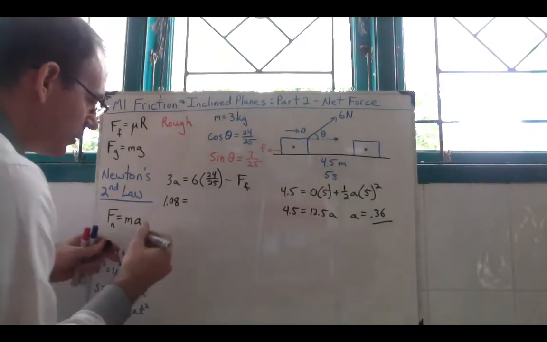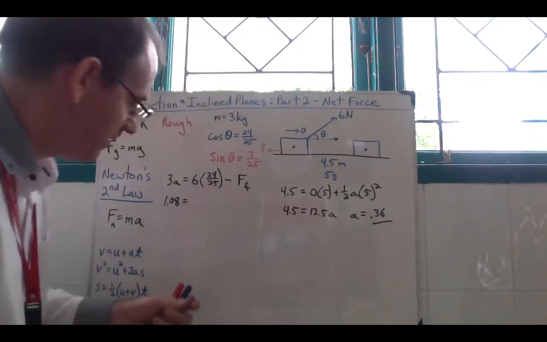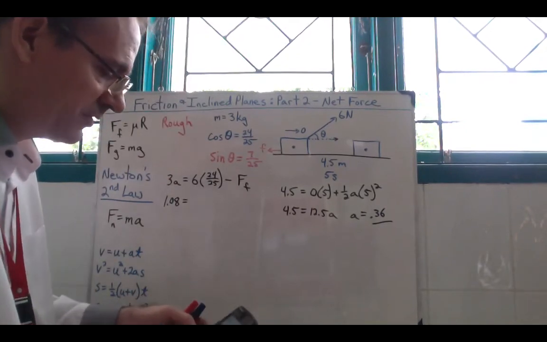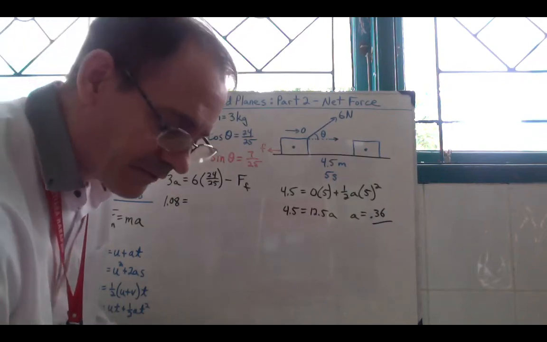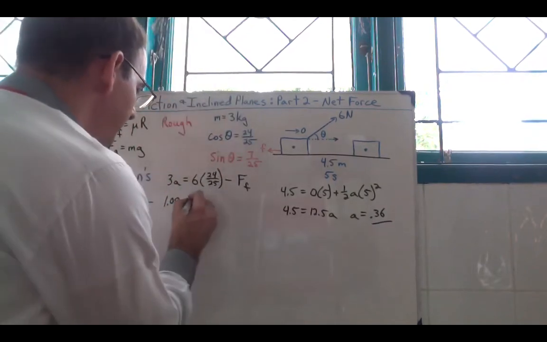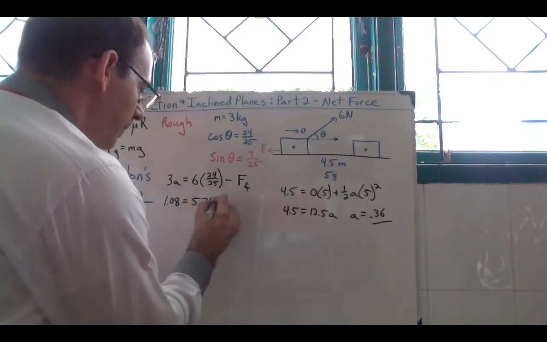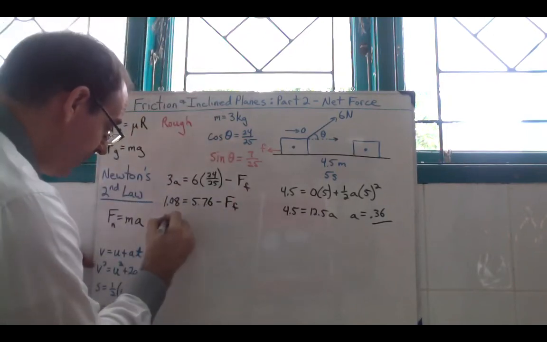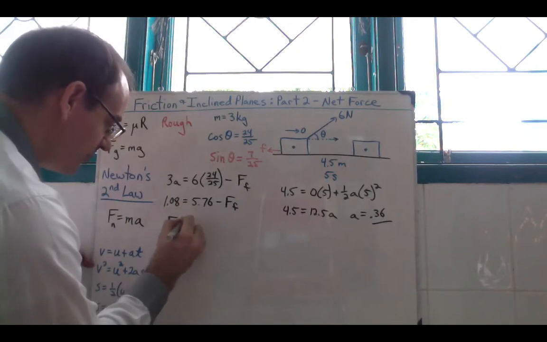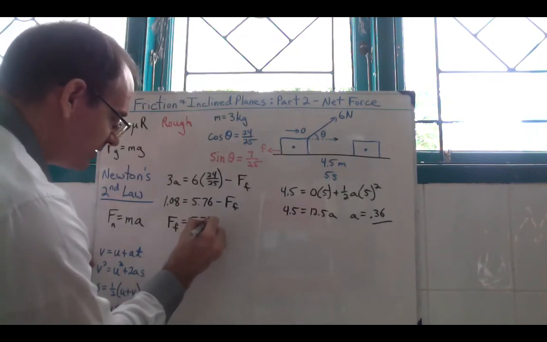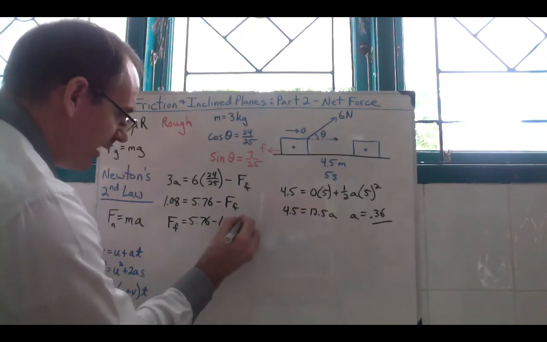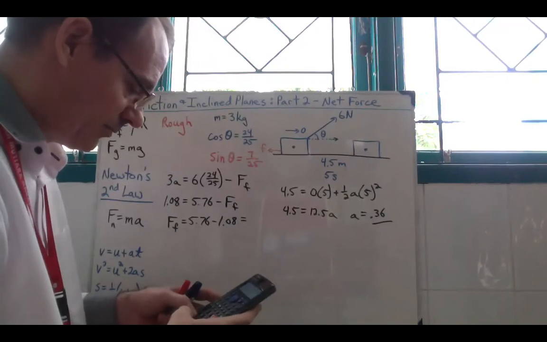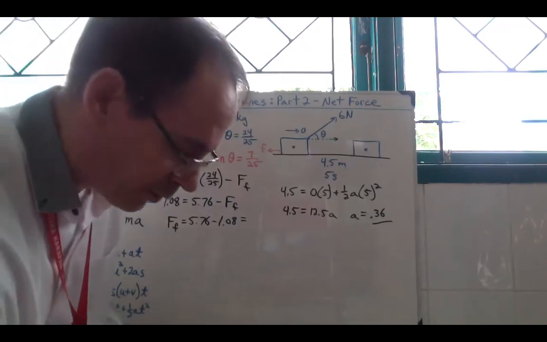1.08 equals, we can calculate this, 6 times our 24/25 is 5.76 minus our force due to friction. So if we just move that to the other side, our force due to friction is equal to 5.76 minus 1.08, which equals 4.68.